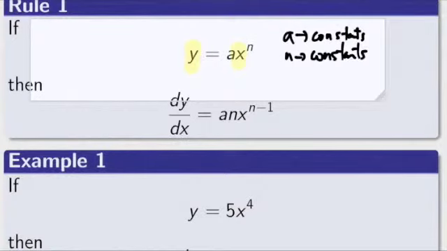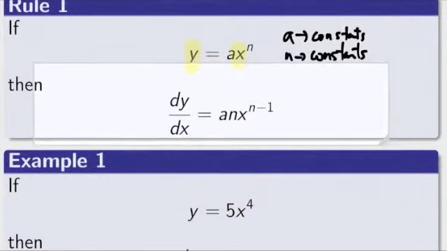So a could, for instance, take the value of 5 and n could take the value of, for instance, 4. They are any constants.